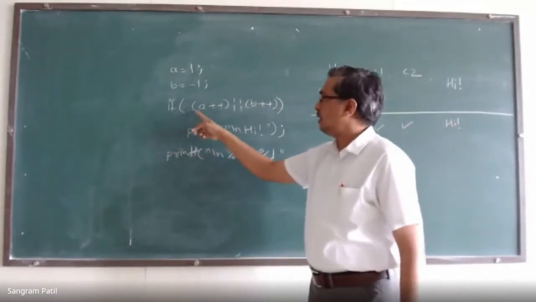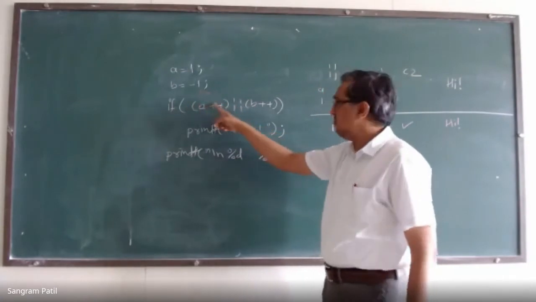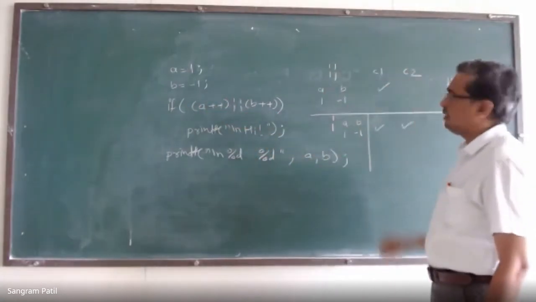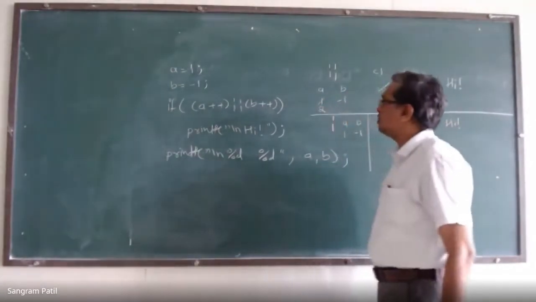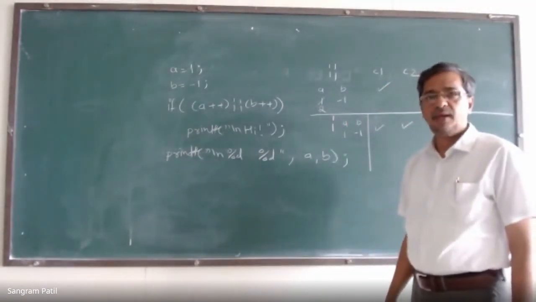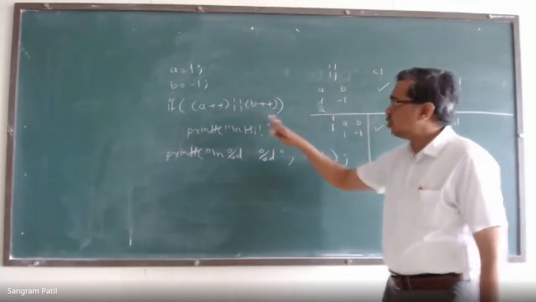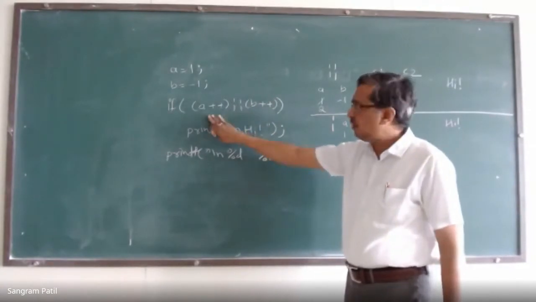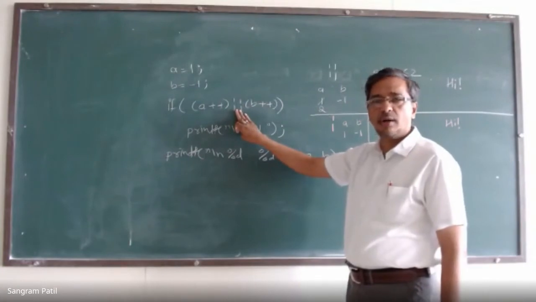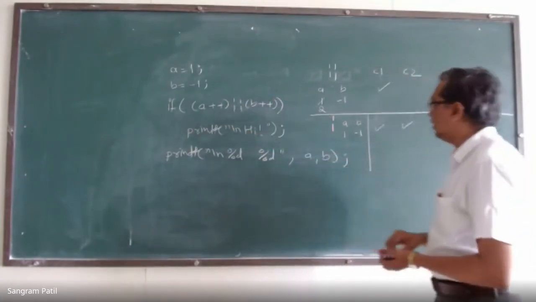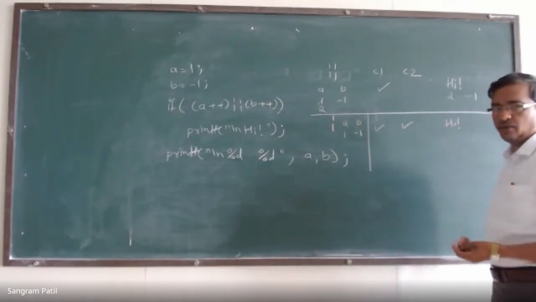It will come here. If A and then plus plus is afterwards, that means it will check first A. Condition 1 is satisfied. Yes. Increment value of A. A becomes 2. Okay. Now, as it is OR and first condition is satisfied, means shortcut OR. This is called a shortcut OR. It won't check second condition. It will print high and will print value of A and B. 2 and -1.